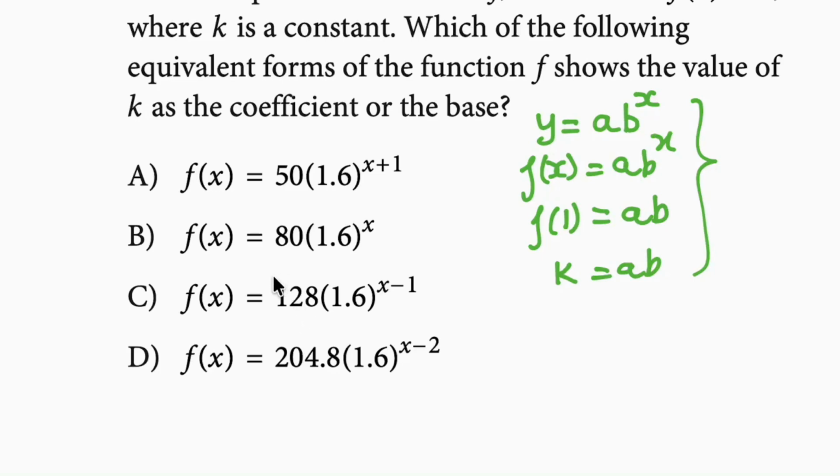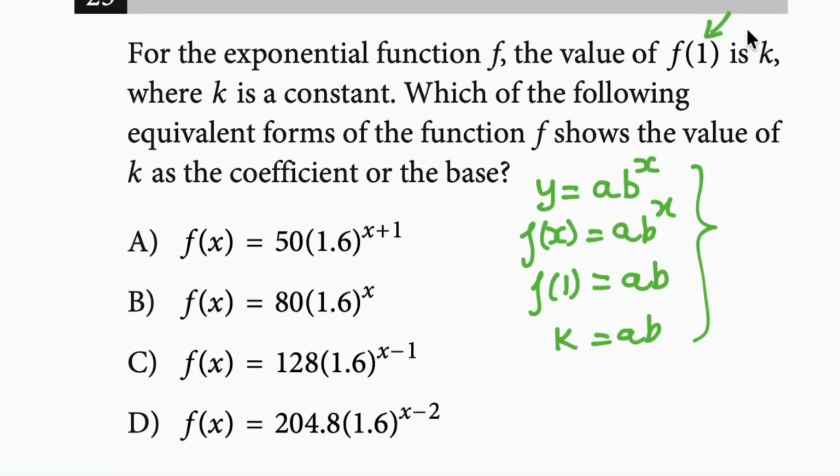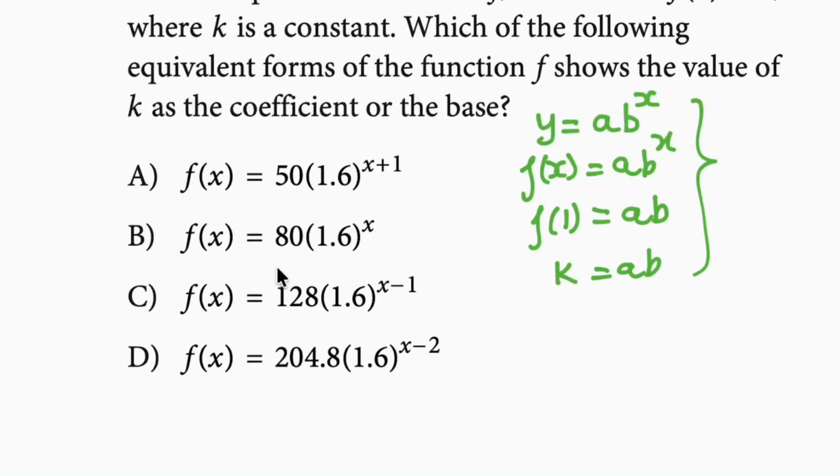When you solve it by giving the input as 1, the value of k should be there either in a or in the b value. So it should appear in the equation itself. That is the meaning of this statement. Which of the following equivalent forms of the function shows the value of k as a coefficient or the base? So this is the coefficient or this is the base.